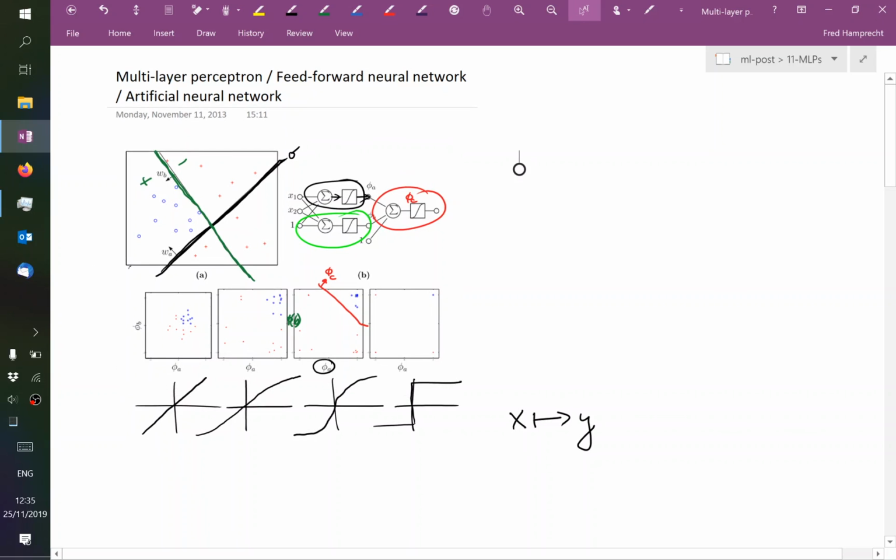I'm considering the black boundary. And I'm saying whatever lies in the direction in which the normal vector is pointing gets a +1, and whatever lies on the other side gets a -1. And similarly for the green one, whatever lies in the direction of the green normal vector gets a +1, and whatever lies in the opposite direction gets a -1.